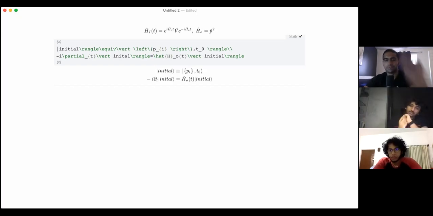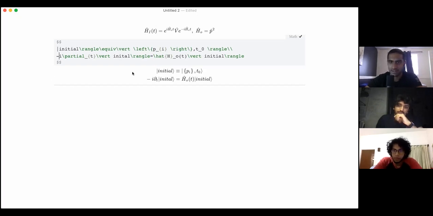If we had a state at some intermediary time, then we could probably say that this is our interaction Hamiltonian. Well, okay.